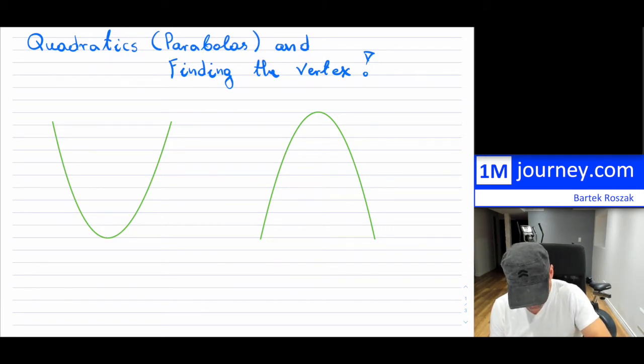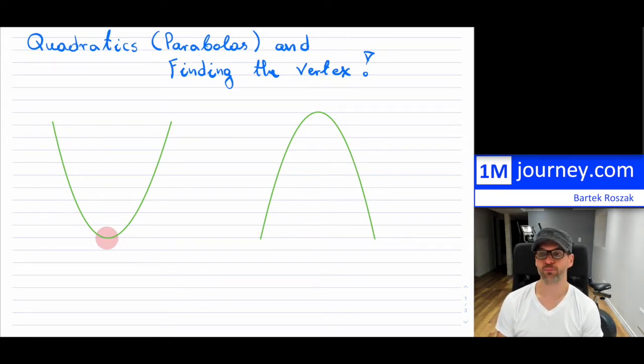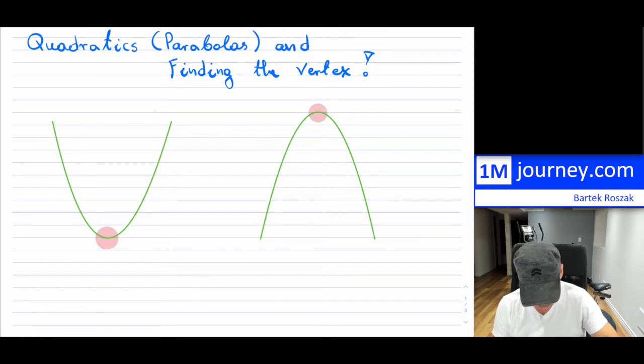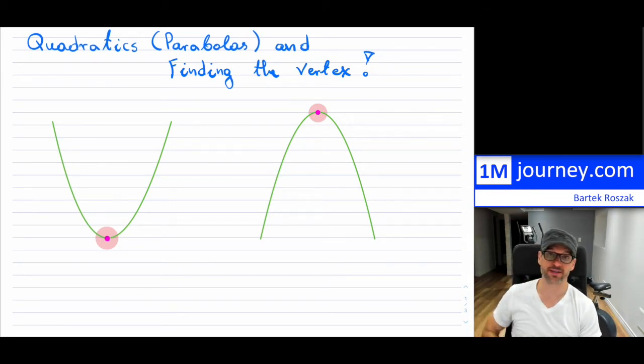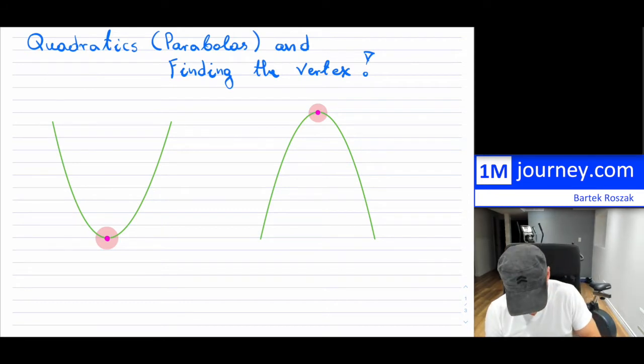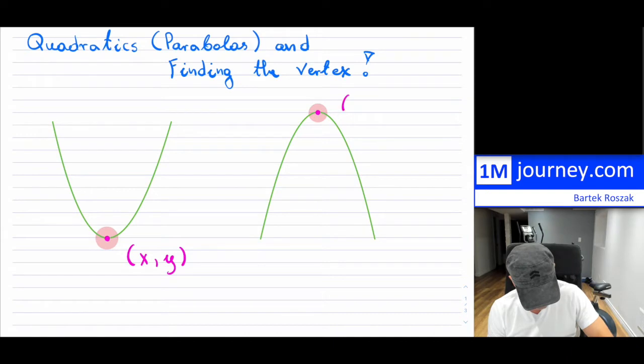So if you have your parabola opening upwards, or if you have your parabola opening downwards, then your vertex is at a different place. And here, your vertex would be right there, and then it would be right there for the parabola going downwards. Now, a vertex is a point, so it has an x and a y for both of these.